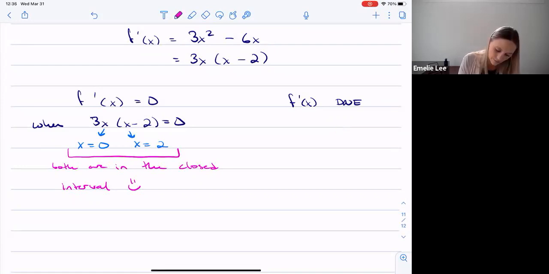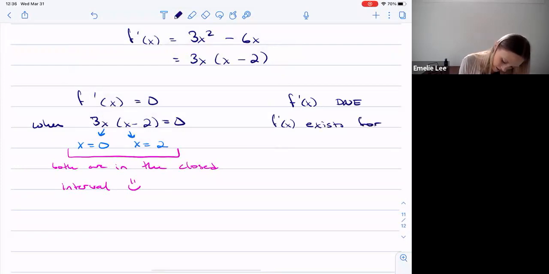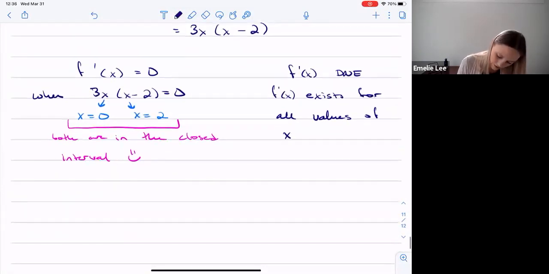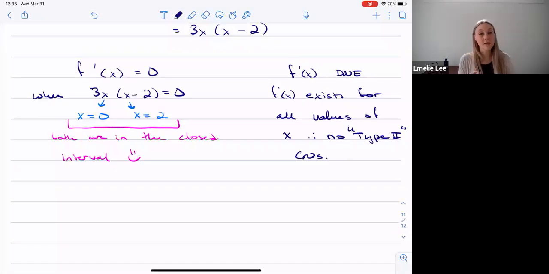So f prime of x exists for all values of x. Therefore, no type 2 critical numbers. And that's fine, that can happen.